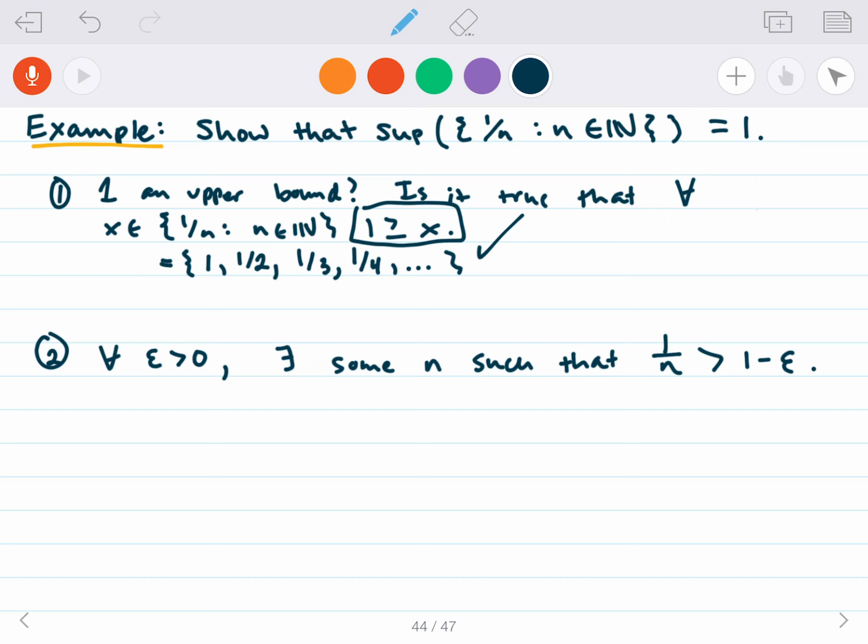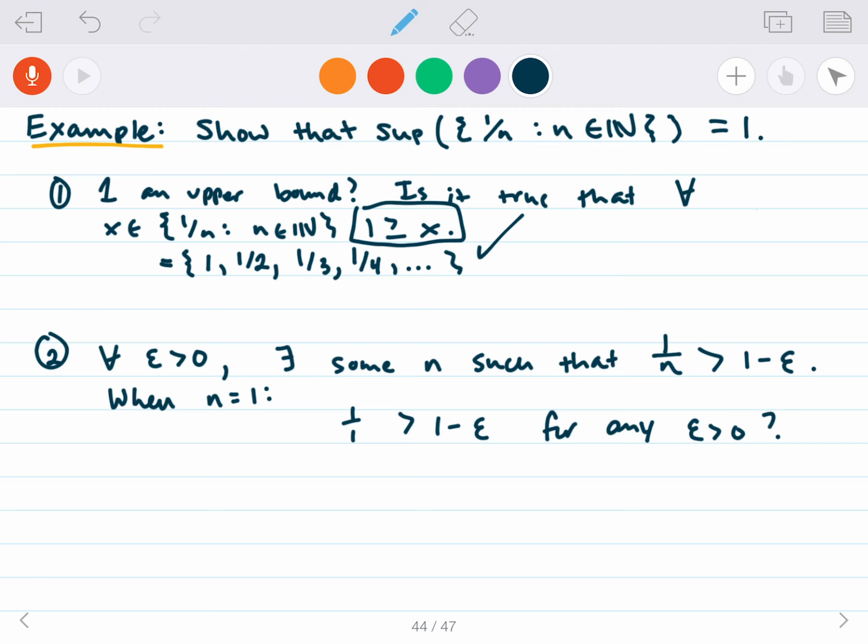And we don't really need to do any kind of hard work here, because when n equals 1, we get 1 over 1. Is that greater than 1 minus epsilon for any epsilon bigger than 0?